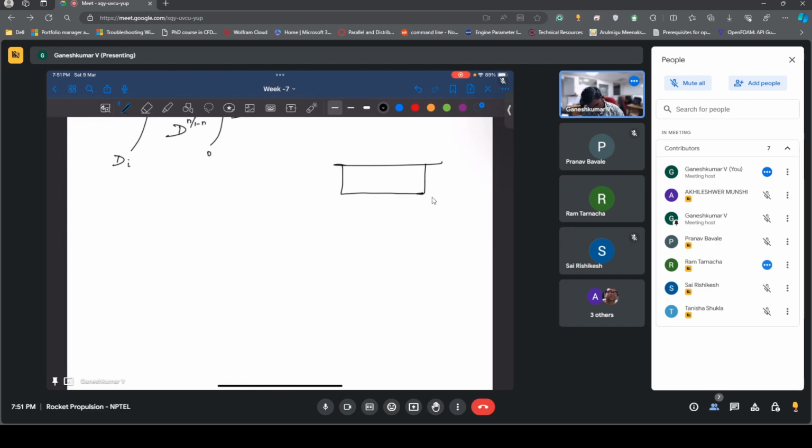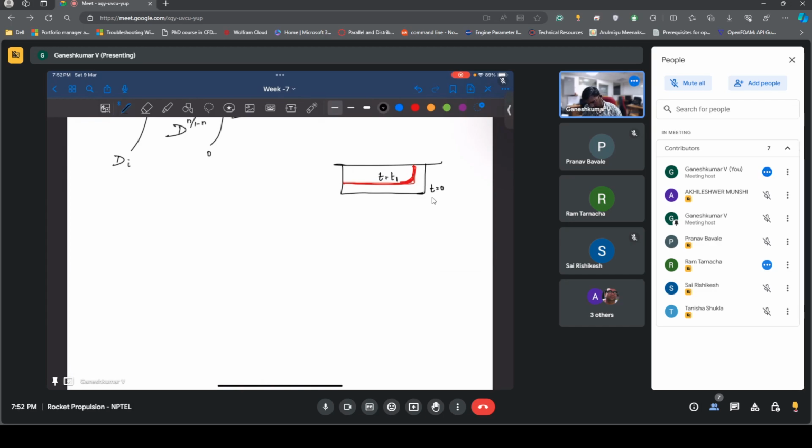From here this will be your initial surface, let's say. After some time, here also there is a burning rate, so it will regress like this. This also will regress like this. So you will have something like this. This will be at time t equal to 0, and this is at time t equal to t1, let's say.